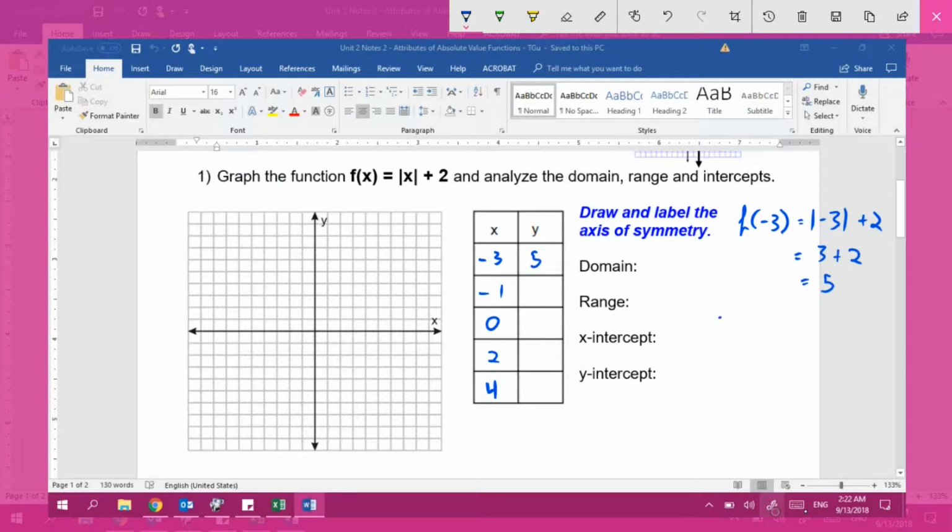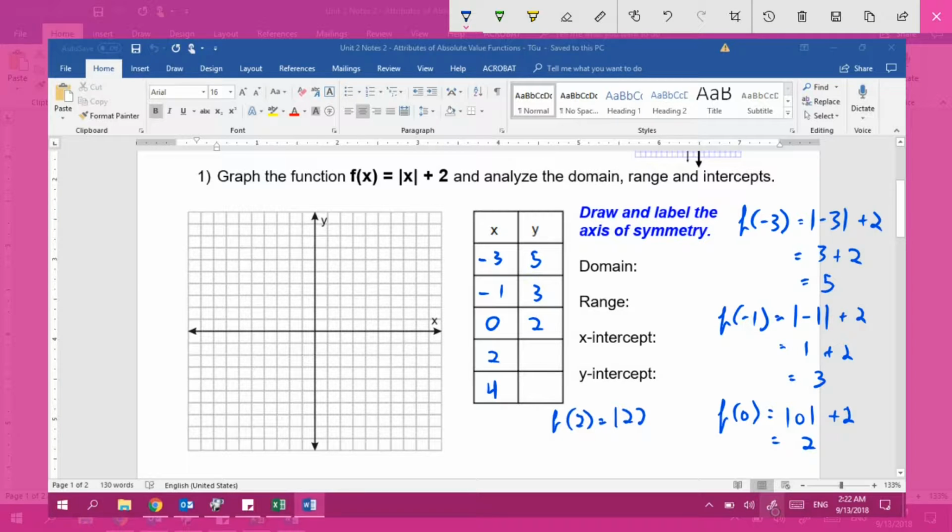What about -1? F of -1 equals the absolute value of -1 plus 2, which is 1 plus 2. That's going to be 3. What would f of 0 be? F of 0 equals the absolute value of 0 plus 2, which is 2. So we have 0, 2. And now for f of 2, that's the absolute value of 2 plus 2, which is 4.